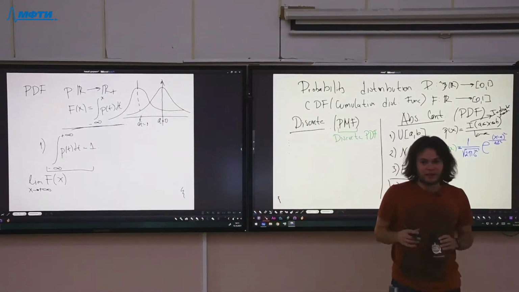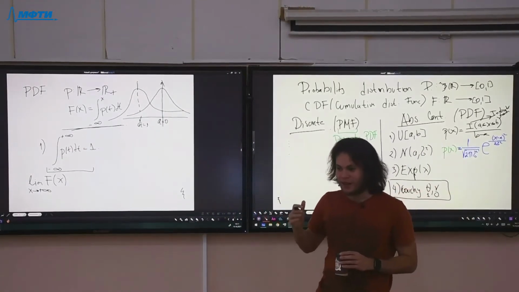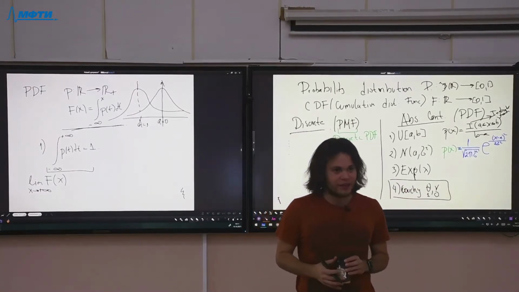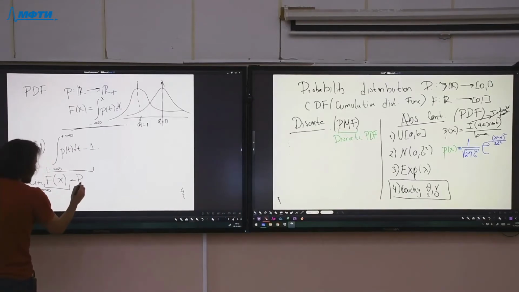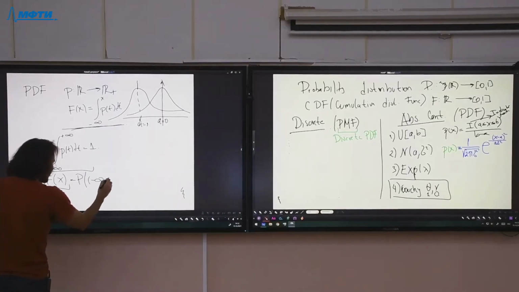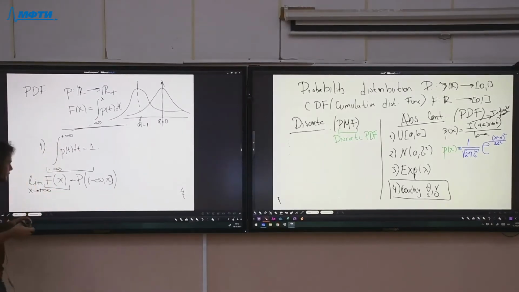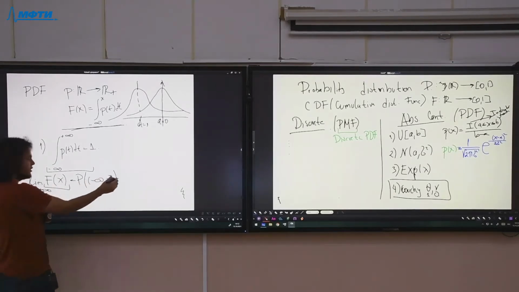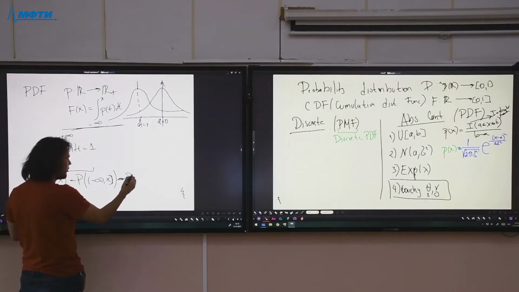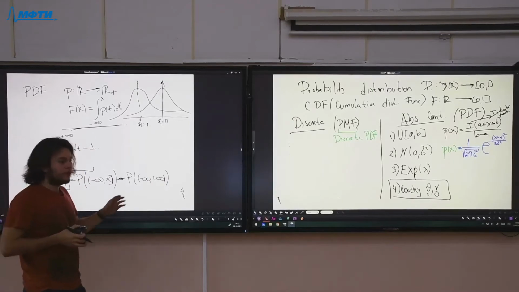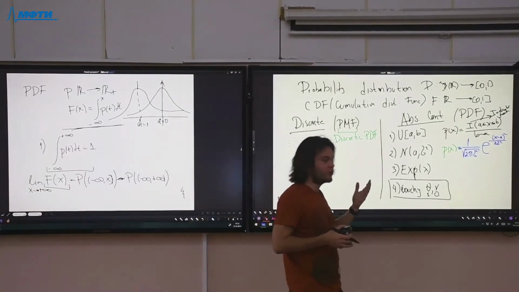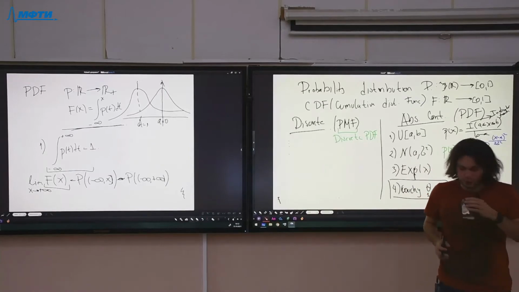The probability that this number is less than infinity is 1, right? This is the CDF, the probability from minus infinity to x. But if x tends to plus infinity, it is like having the probability from minus infinity to plus infinity. So what is the probability that we have a number between minus infinity and plus infinity? Of course, this is 1. Right? Good.